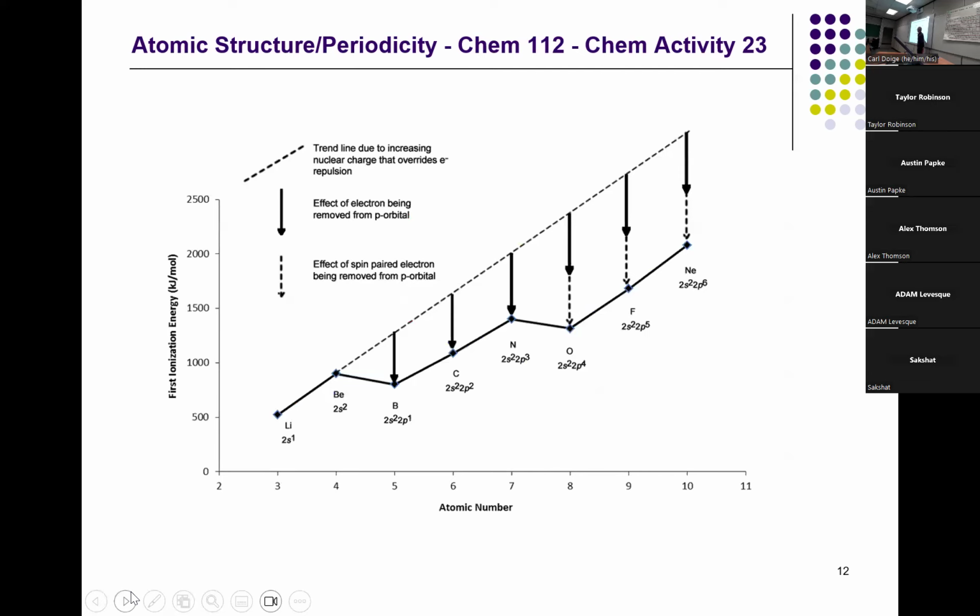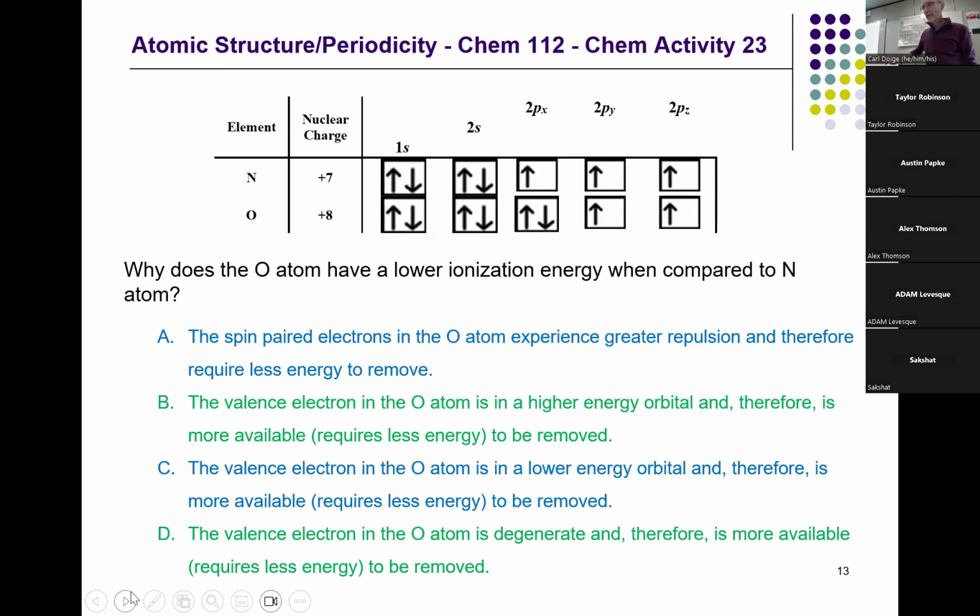But I would like to, in particular, look at nitrogen to oxygen. We get an even greater dip for these, and it's all for the same reason. I want you to focus here.